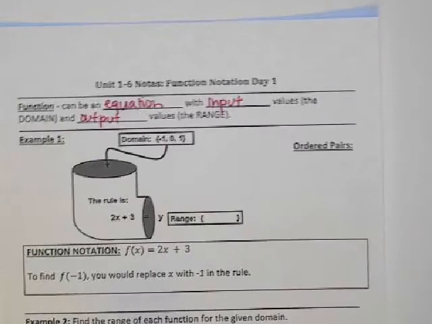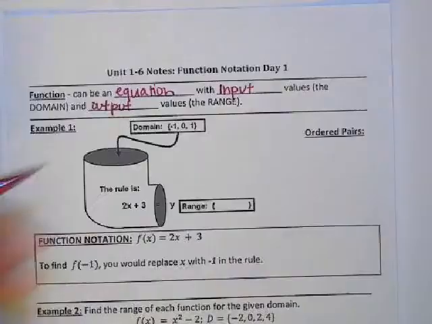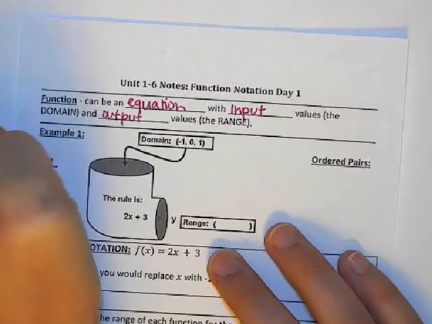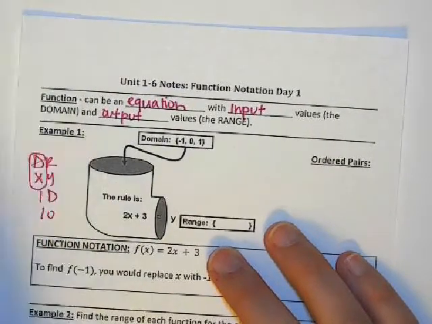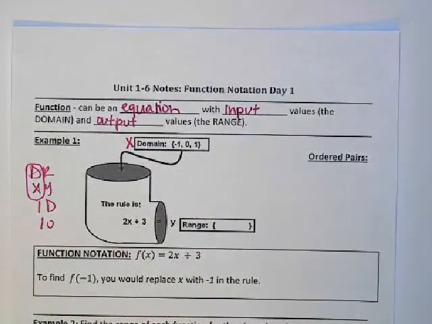Look at example 1. All the information that it gives us. What do you notice on 1? It gives us our domain, right? So domain are my x's. What am I looking for?